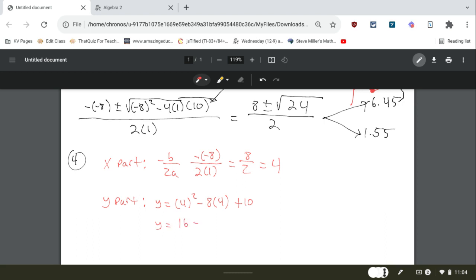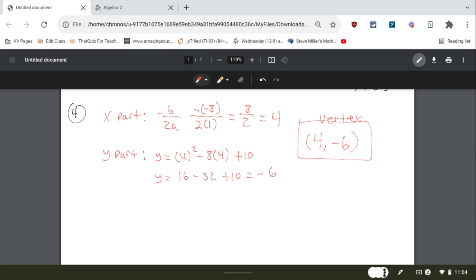That's going to be 16 minus 32 plus 10. And if you work all that out, you're going to see that it gives you -6. That's the more traditional way to find the vertex by hand. So my vertex is 4, -6.